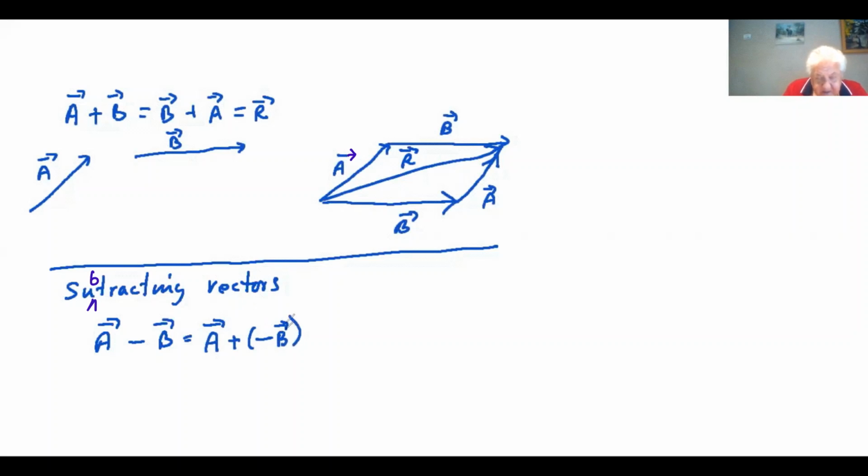The negative means the magnitude stays the same, but the direction is in the opposite direction. Notice the magnitudes do not change, just the direction is opposite.